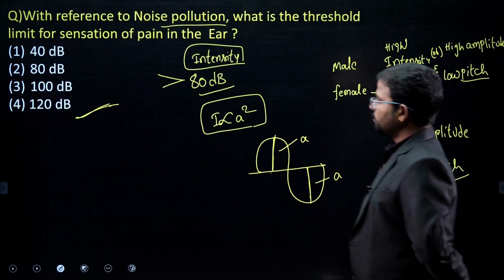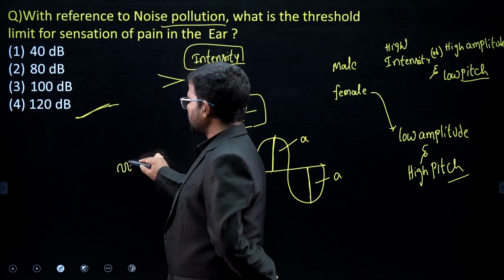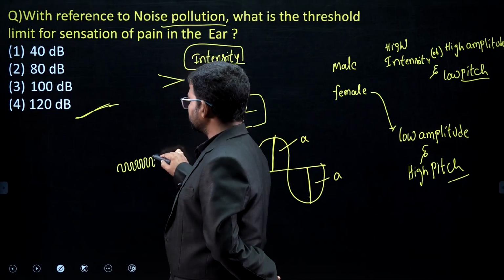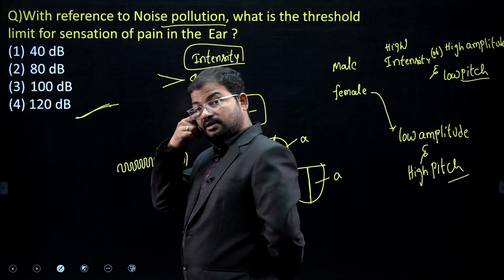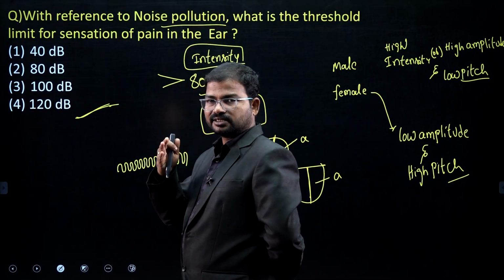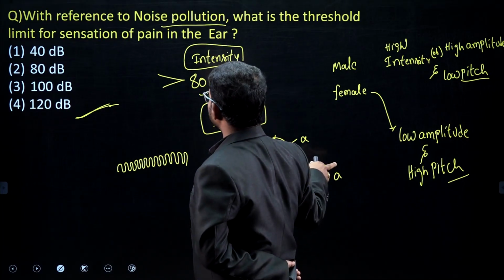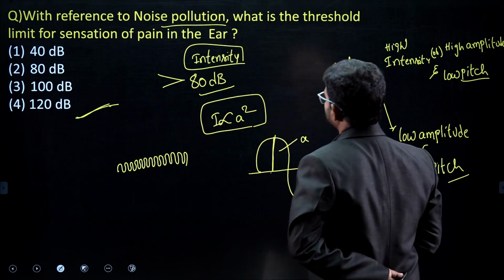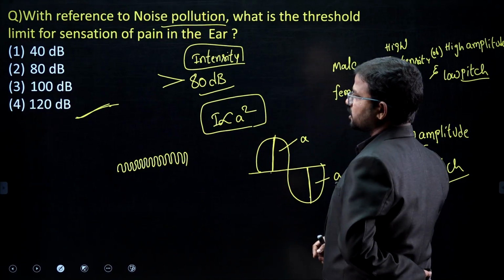So amplitude means like this. What about pitch? Nothing but frequency, number of waves per second. If you consider female voice, within 1 second they emit a maximum number of waves compared with male. So you have to remember this terminology. The Noise Pollution Act is also there.